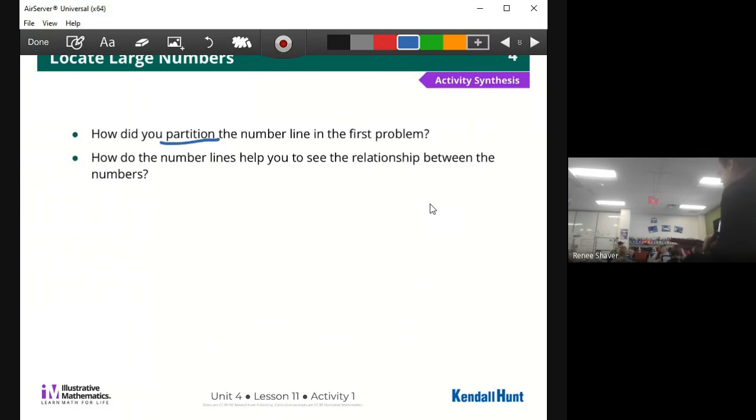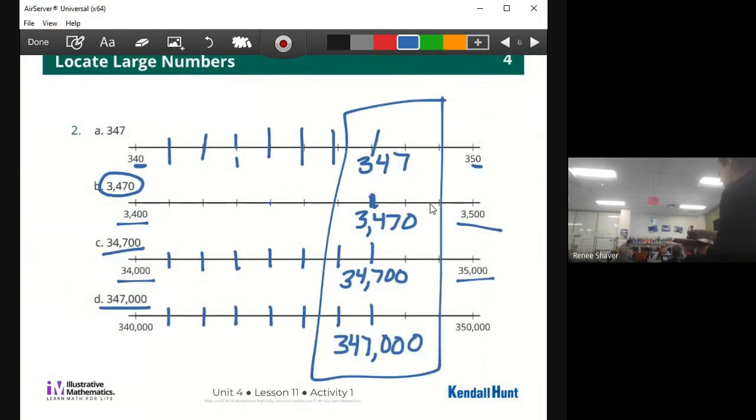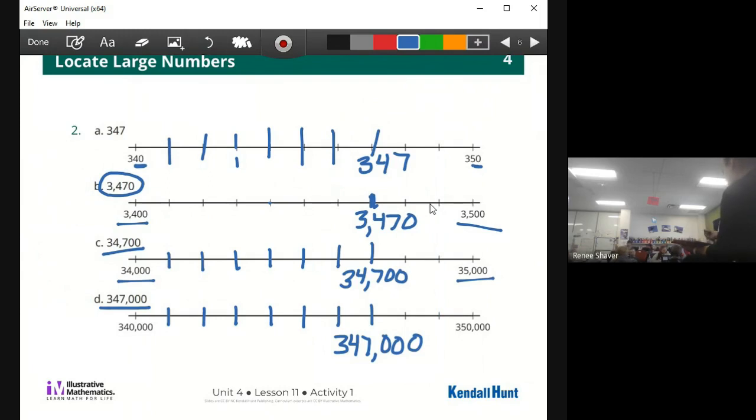Very good. So what Aaron just said is you can visually see how the numbers stack on top of each other, but we know that each time they're getting times 10 bigger. Guys, does that make sense?